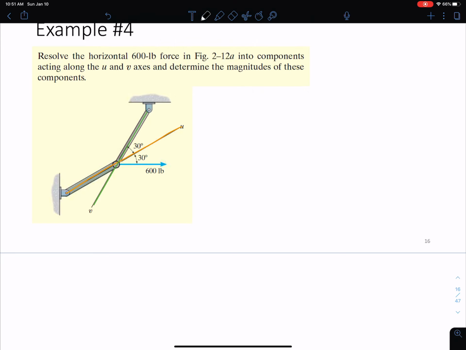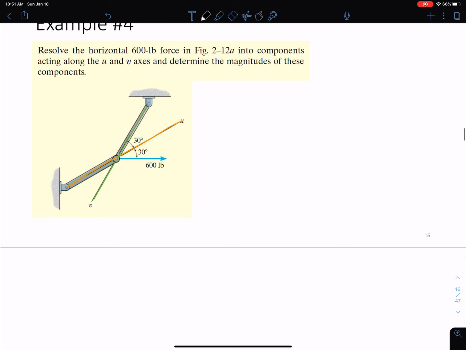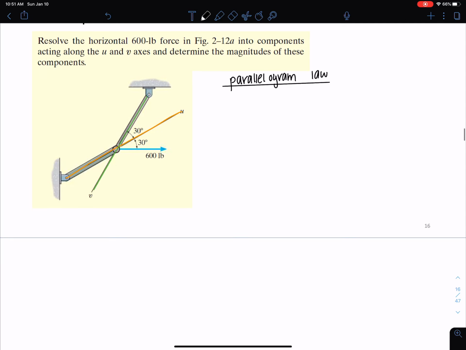I'm going to show you first with the parallelogram law how we can do this. Basically, I know I have a 600-pound force. I have that for sure. That's technically my resultant.